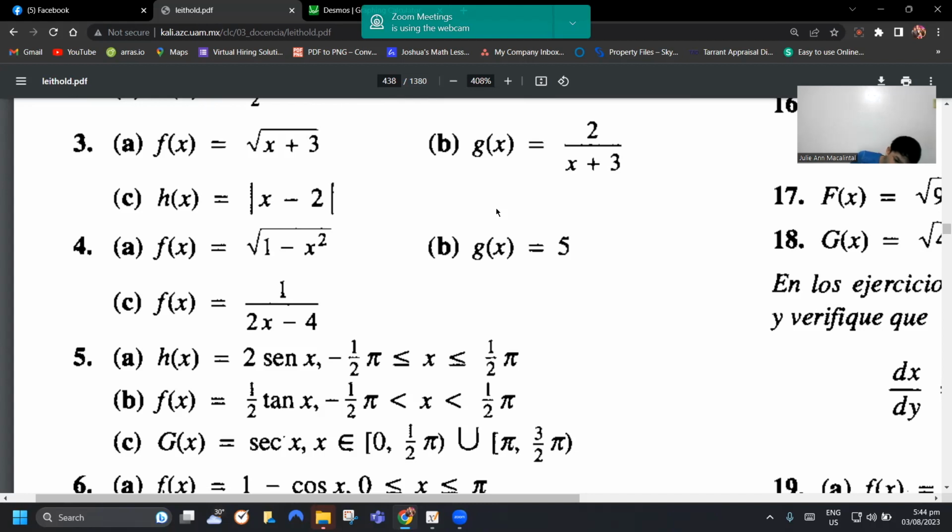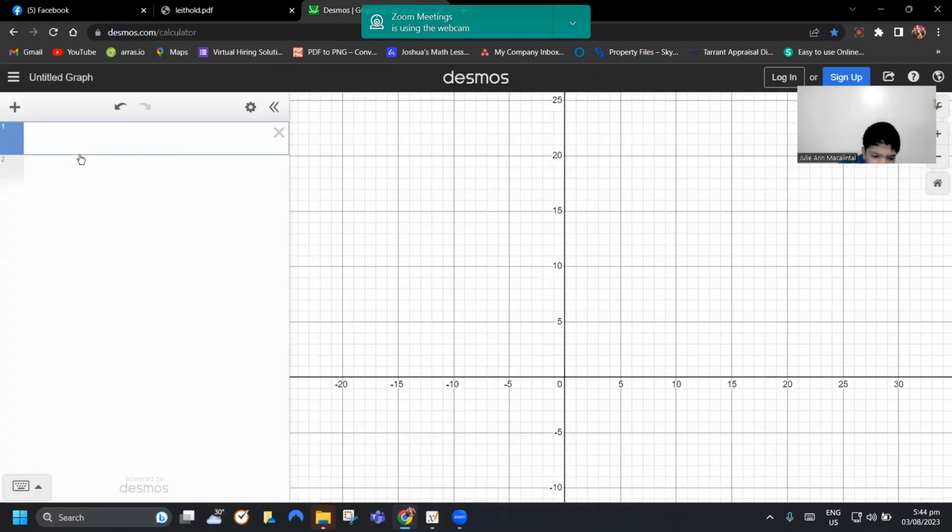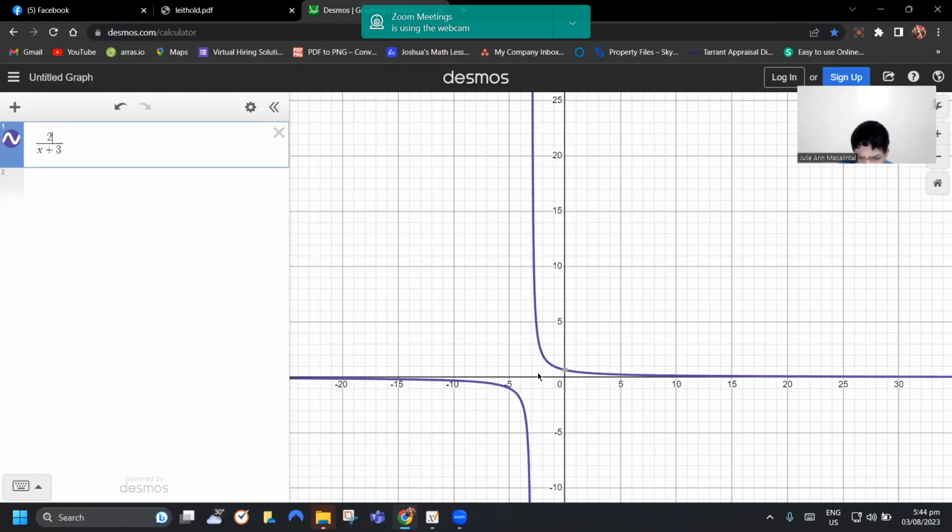Hindi, tingnan mo yung graph ng 2 over x plus 3, just to be sure. Okay.